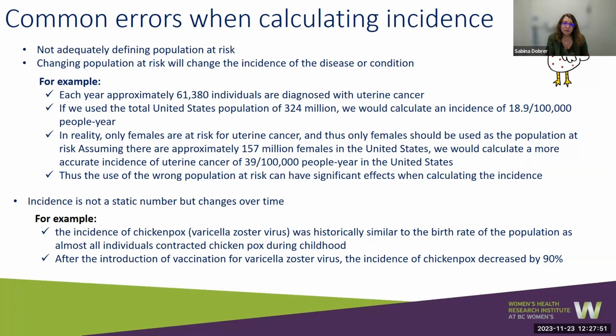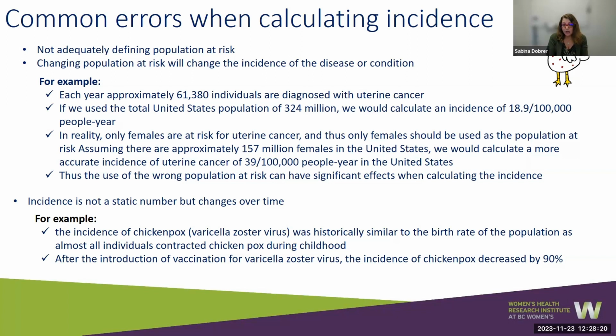An additional thing you need to know about incidence is that it can change over time. It's not static, it changes over time. For example, if we calculate the incidence of chickenpox historically, when there was no vaccine, we would have a very, very high incidence of this disease in the population.